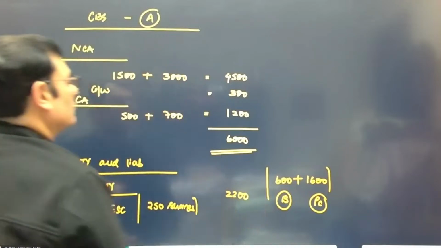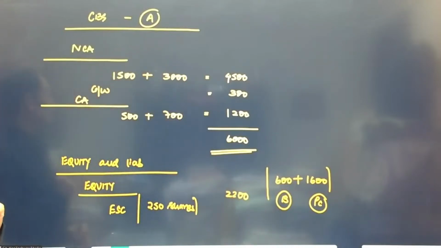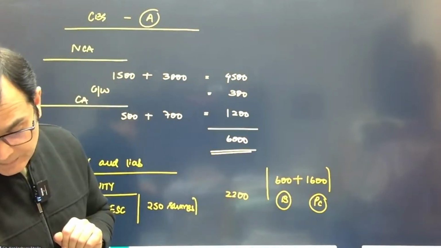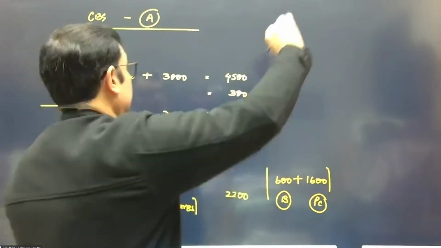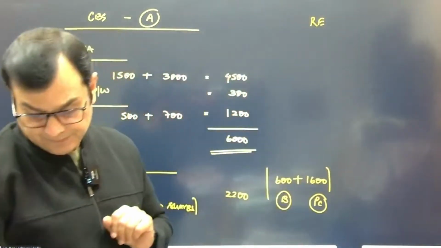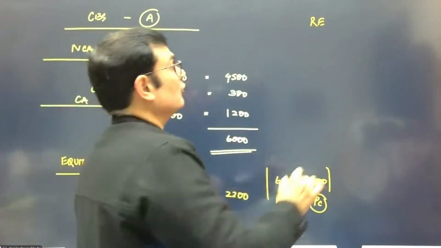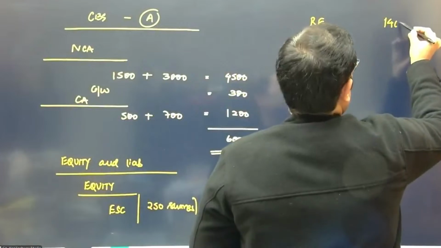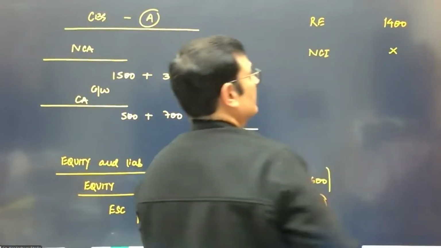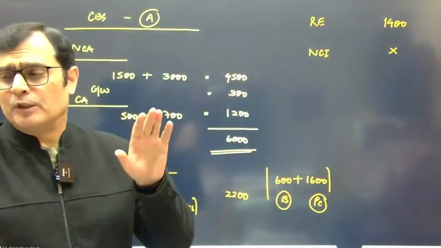The figures in the outer column are from the accounting acquirer perspective. Next on the balance sheet is the retained earnings, that would also be for the accounting acquirer, and that's appearing to the extent of 1400. Had there been an NCI, we would have taken that NCI in the equity as a last item, but we're not given any.